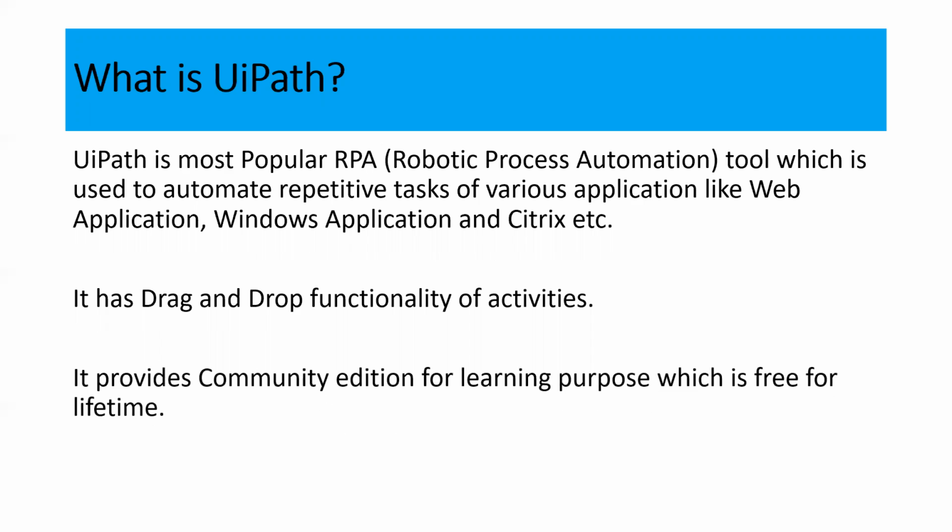It provides a community edition for learning purposes which is free for lifetime. So, who are all planning to start their career in RPA, I hope it is the best platform because it provides community edition for learning purposes.